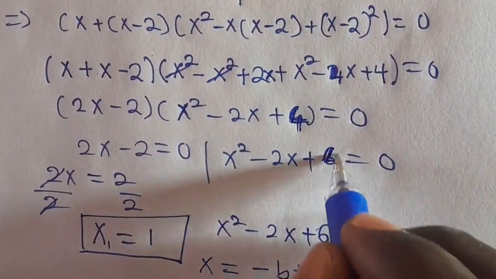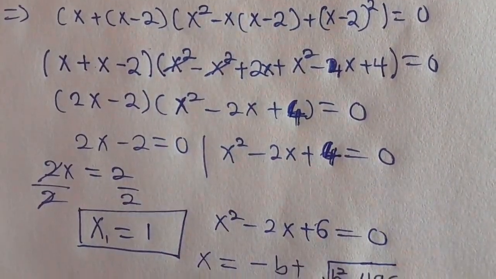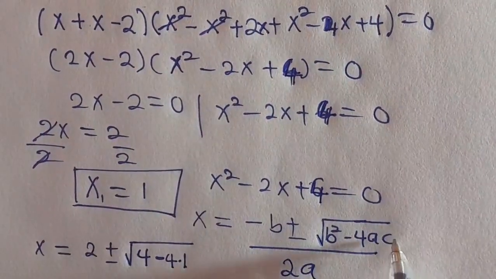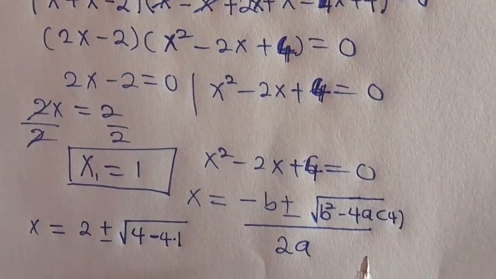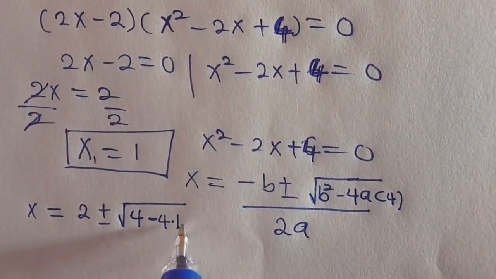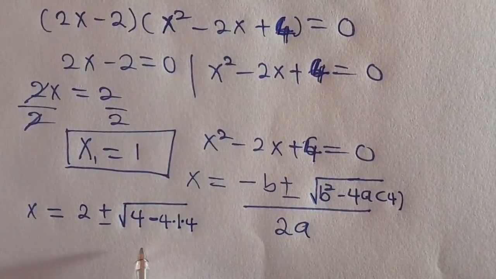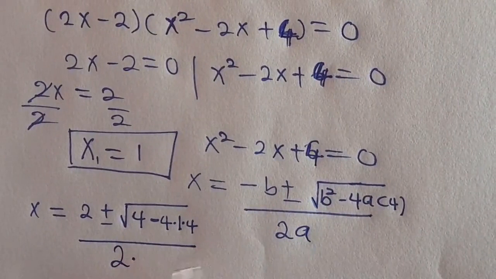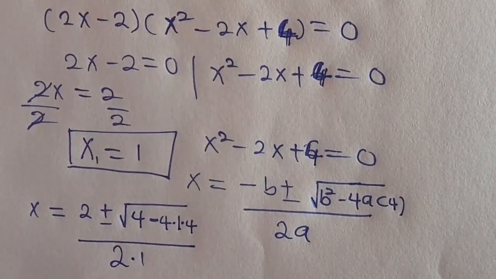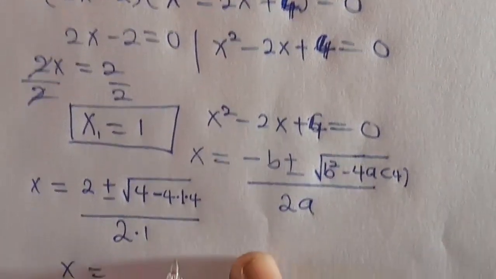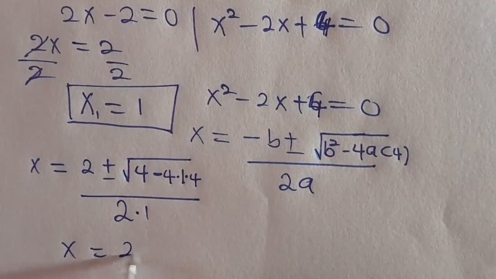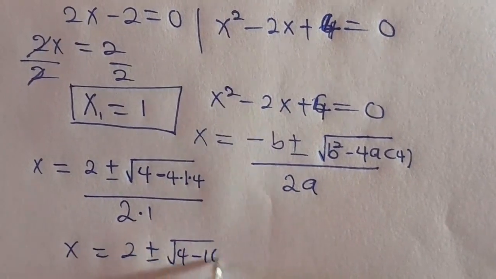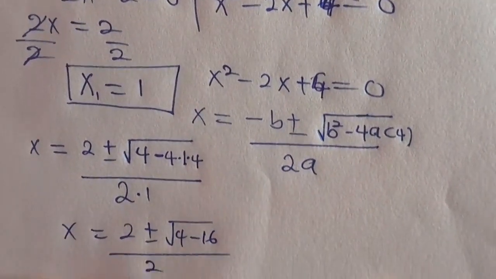Then we have this one to be 4 as well. So here will now be 4. So from here we have multiply by 4. Then all divided by 2 multiplied by 1. So we have the value of x to be equals 2, positive or negative, square root of 4 minus 16 divided by 2.